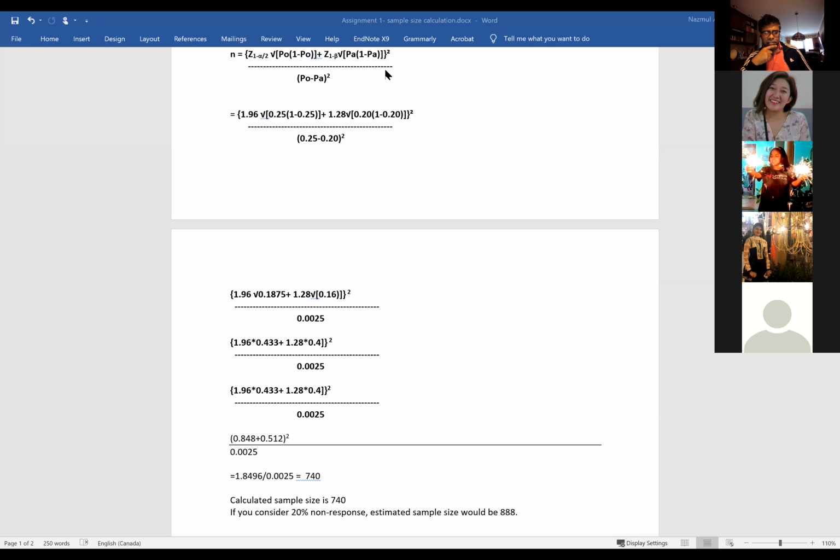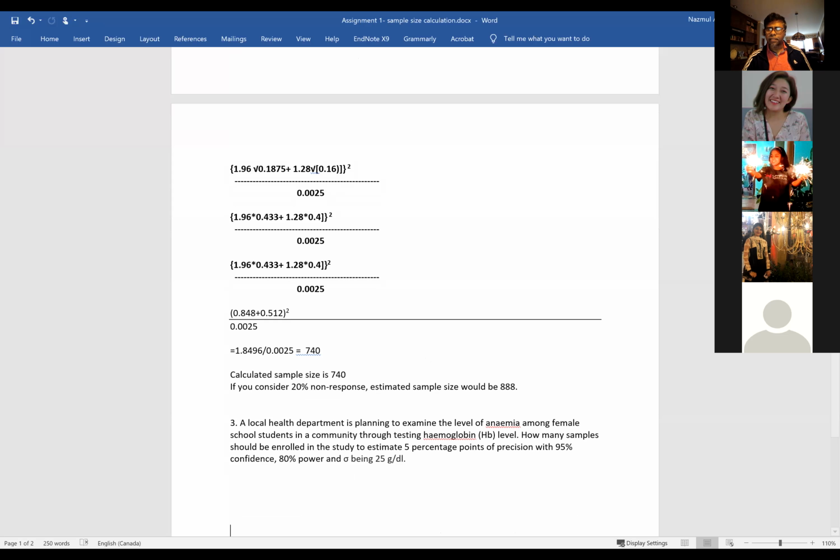So there is another assignment, another question in the last one that is actually not a proportion. So let's see the last one. We're not going to do the last one, but this is another formula that you have to use. You see, the local health department is planning to examine the level of anemia among female students in a community through testing the hemoglobin level.